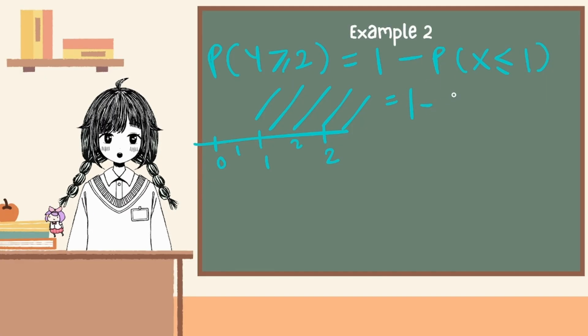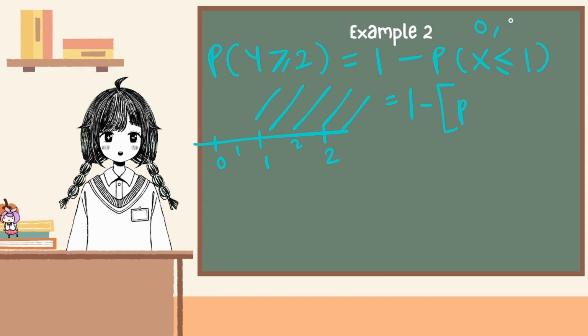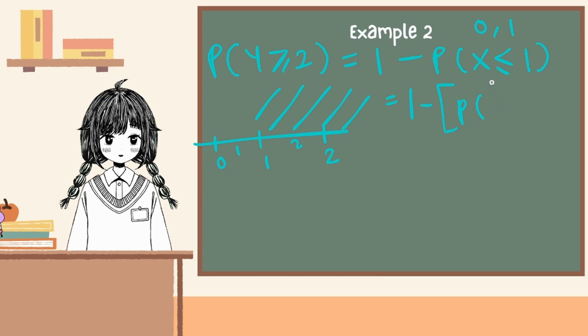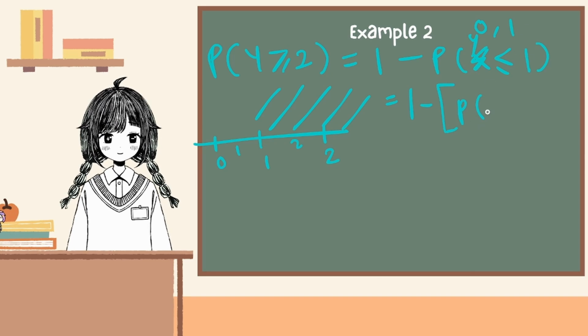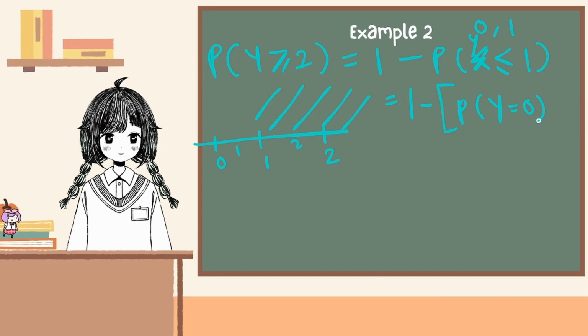So 1 minus, since this is less than or equal to 1, it means 0 and 1, including the 1. So P(Y = 0) plus P(Y = 1).